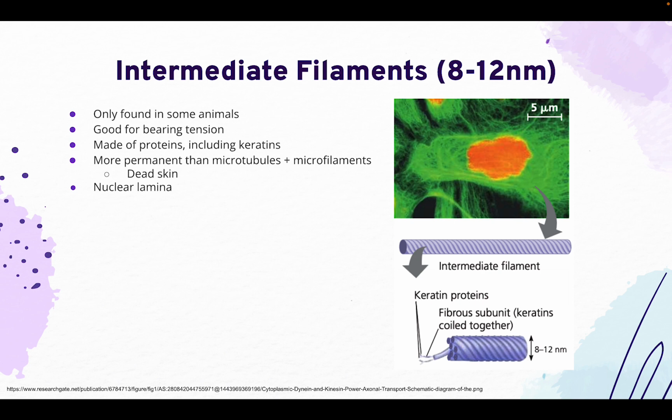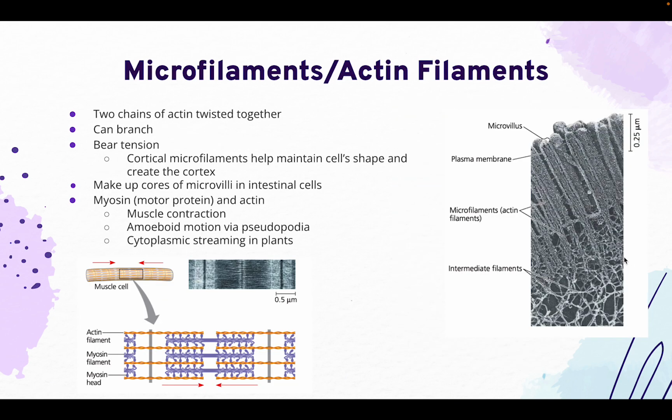You also find it in the nuclear lamina. This is what it looks like: basically a coil of keratins.